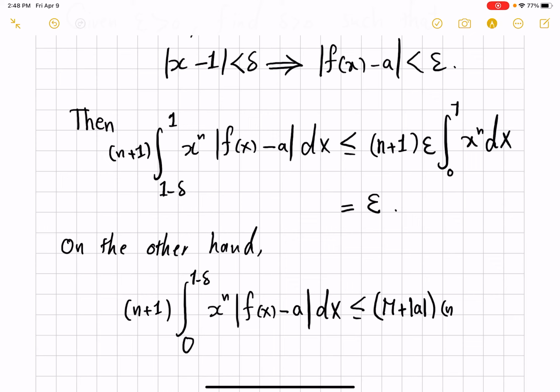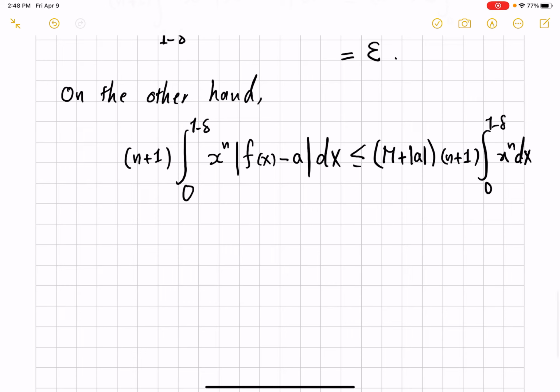And then I have (n plus 1), then the integral from 0 to 1 minus delta. Here I don't touch the range where I integrate because I cannot afford to. But if you compute this, the antiderivative is easy to compute. This will be 1 minus delta to power n.